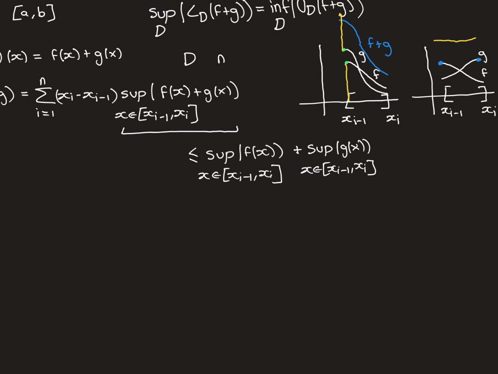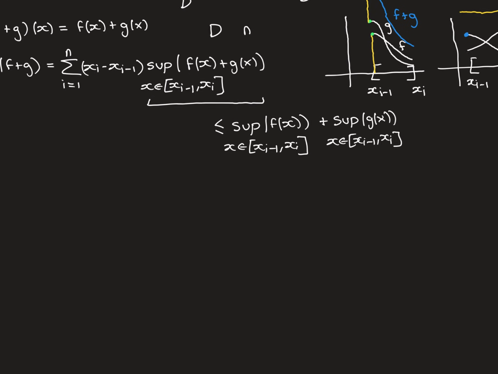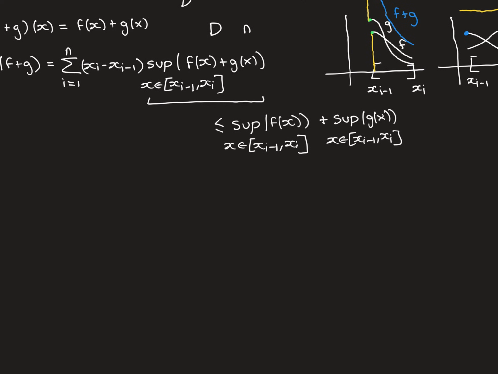So let's do that a little bit more abstractly and a little bit more rigorously now. So we want to show then that this number plus this number is greater than or equal to this supremum. Now, to understand what I'm about to do, it might actually help to write down what the set is that we're taking the supremum of here.